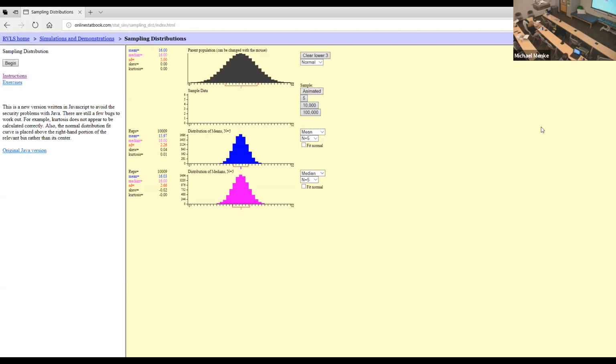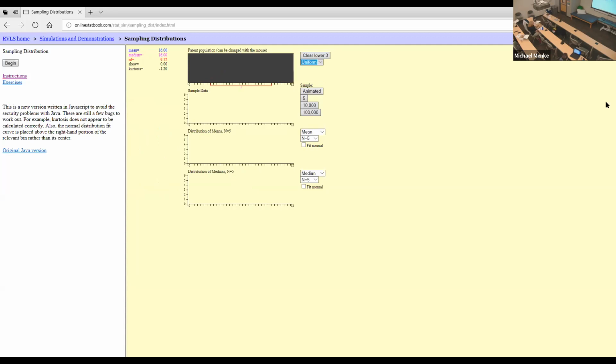symmetric and normal. What do you think will happen if I choose a uniform distribution that looks like that? Where we just have everyone's responded exactly the same way. The weight gain, weight loss was exactly identical for every patient in the study. What do you think will happen down here if I draw the same distribution of means? That's what you'd think, right?